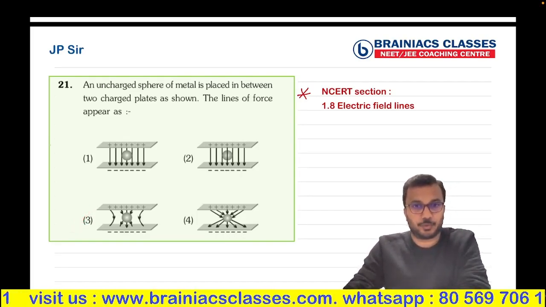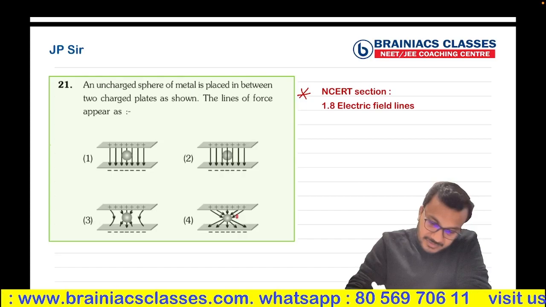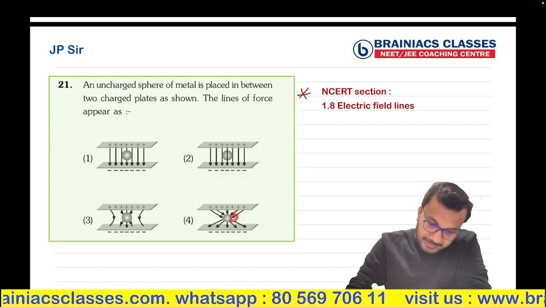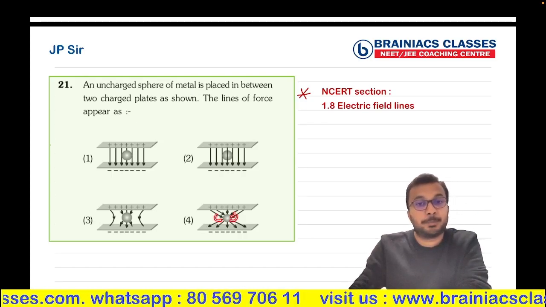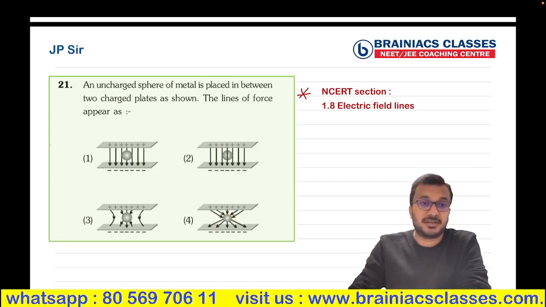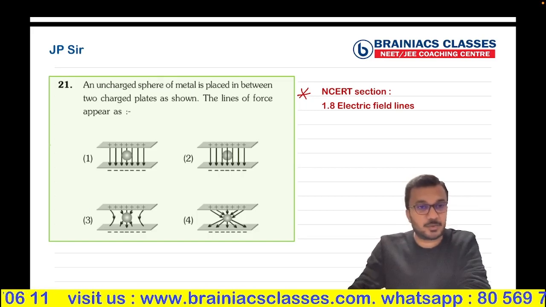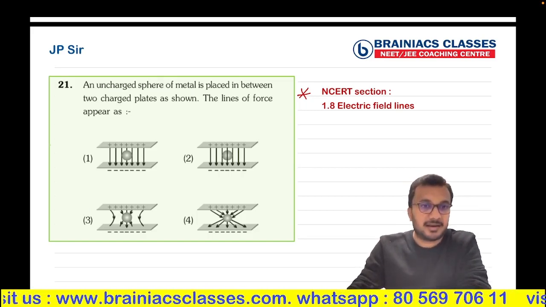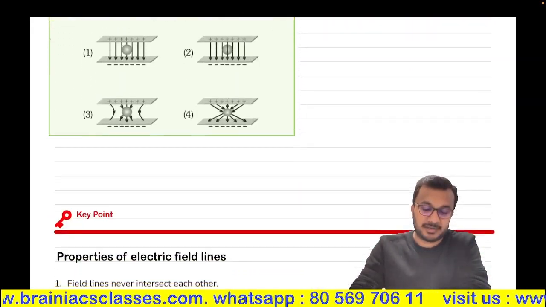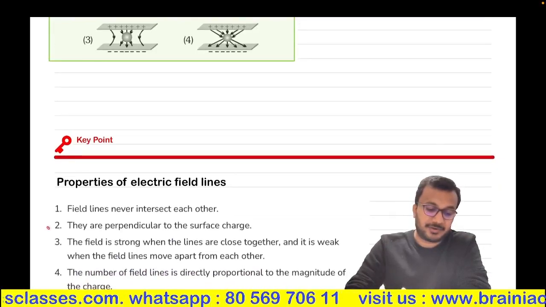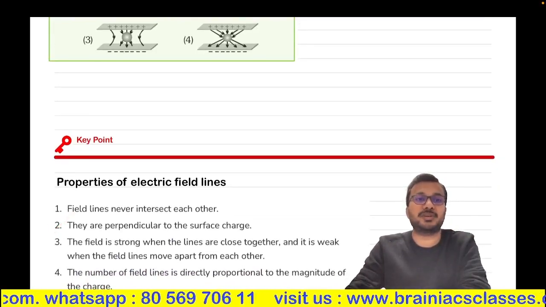If you look at the fourth option, this is not 90. This is not 90. This is not 90. So majorly here, option 3 comes because the electric field inside the sphere is equal to 0. And one another point, the electric field lines should be perpendicular to the surface.